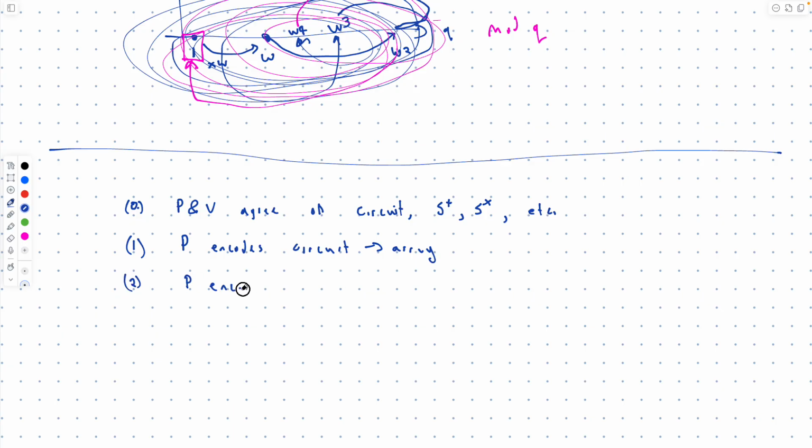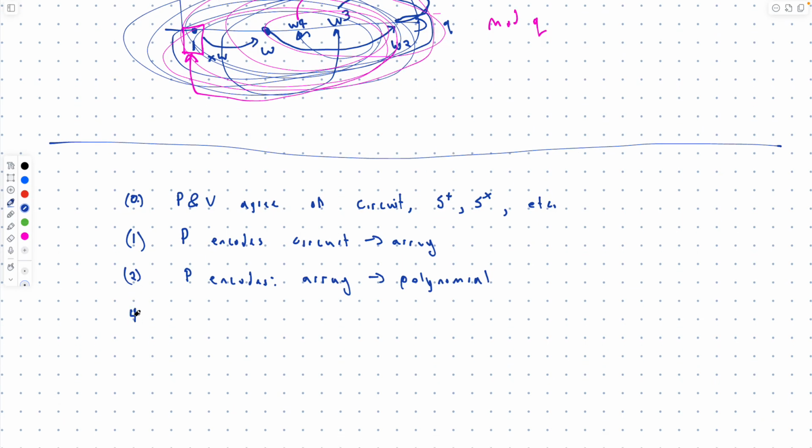The prover encodes the array into a polynomial. So we have the circuit, then we go to an array, then to a polynomial, and then we take the polynomial and go to a commitment to the polynomial.